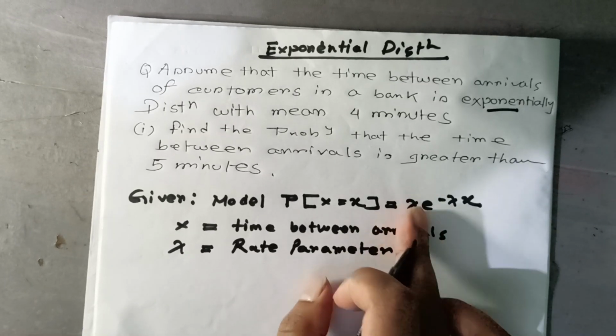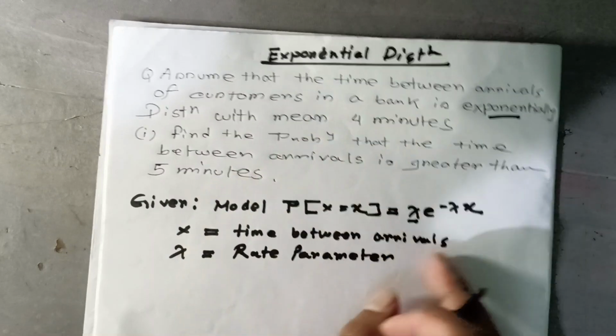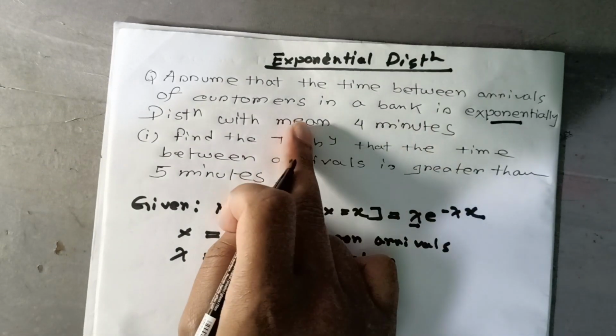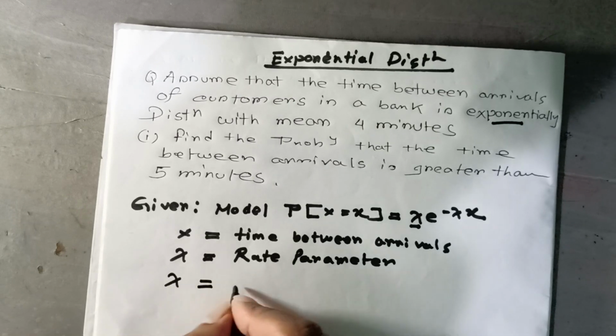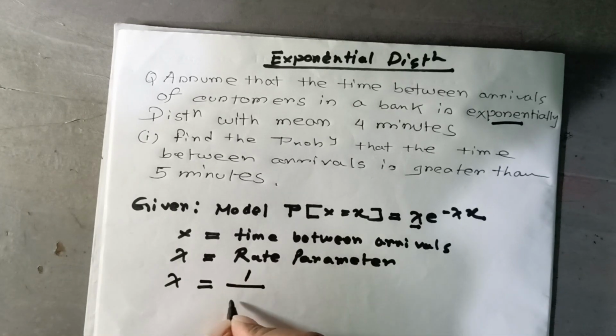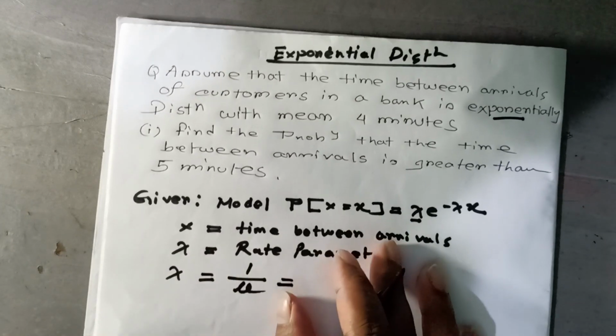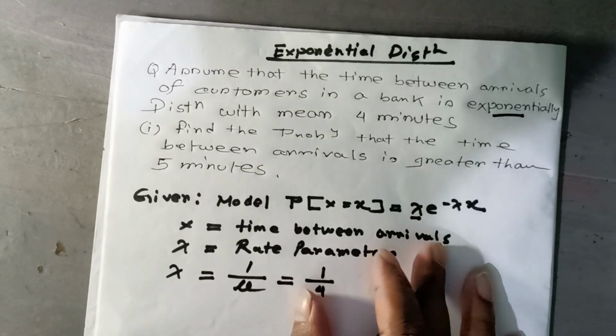The rate parameter value is not provided by the problem, so we have to find it using the mean. The rate parameter is exactly the inverse of the mean, so it will be 1 by 4.